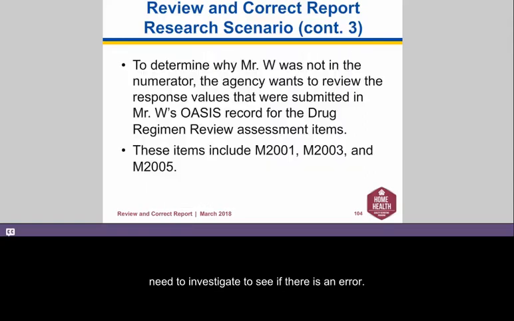To determine why Mr. W. was not in the numerator, the agency wants to review the response values that were submitted in Mr. W.'s OASIS record for the drug regimen review assessment items. If you remember from the OASIS and from our previous trainings, these items include 2001, 2003, and 2005.